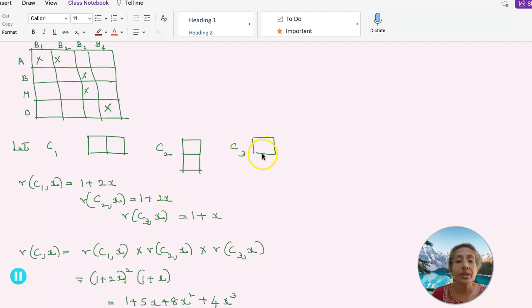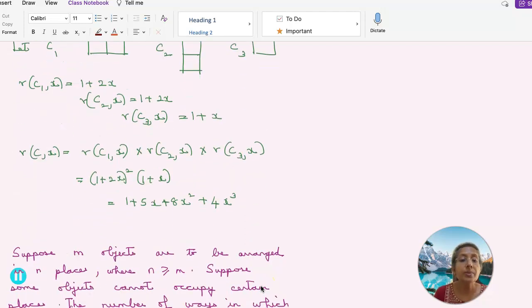R_C3(x) is just 1 plus x, R1 is 1. If you multiply, they are all disjoint, so R_C(x) is R_C1(x) into R_C2(x) into R_C3(x), that is 1 plus 2x the whole squared into 1 plus x. So when you multiply you get 1 plus 5x plus 8x squared plus 4x cubed.